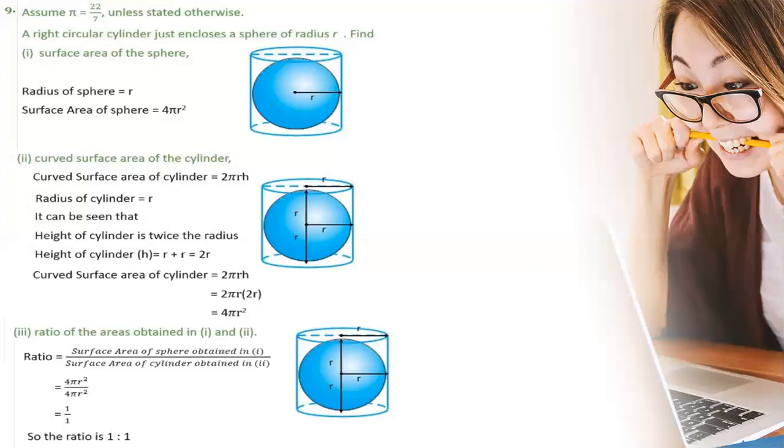So the ratio of the areas obtained in 1 and 2 is surface area of the sphere by surface area of the cylinder. That is 4 pi r square by 4 pi r square. Since both values are 4 pi r square, the ratio is 1:1.